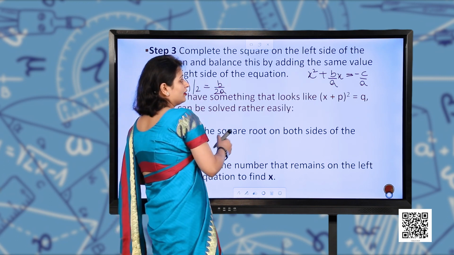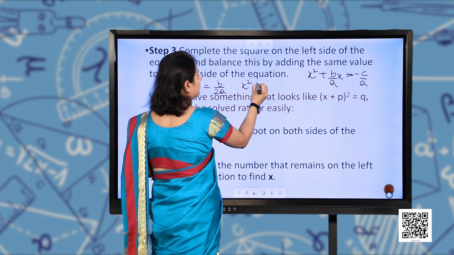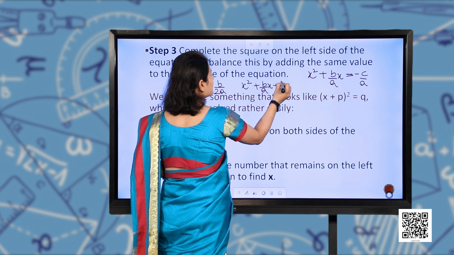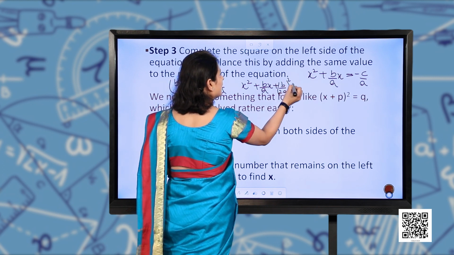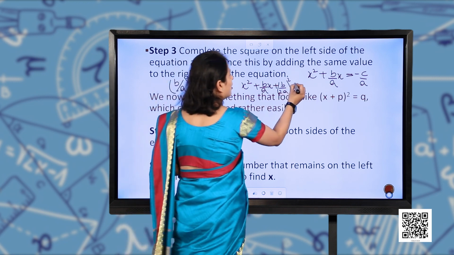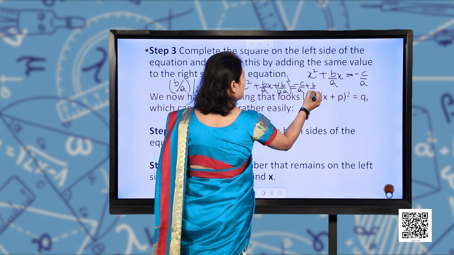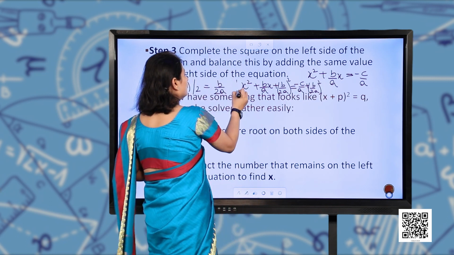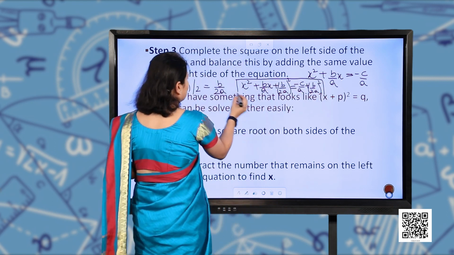So what will you get? You will get x square plus b by a x plus b by 2a whole square is equal to minus c by a plus b by 2a whole square. So we will get this in step 3.